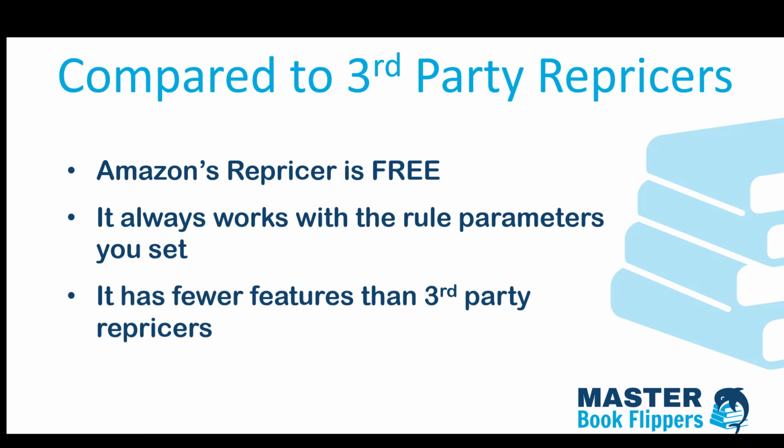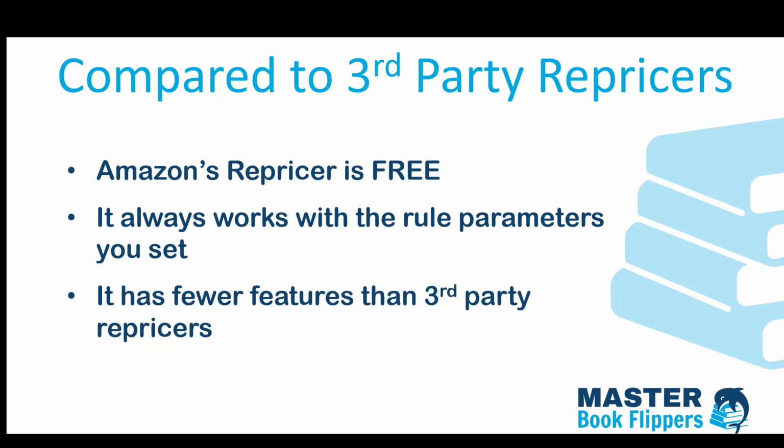Now, the last thing I'll say is that it definitely has fewer features than third-party repricers. This is where third-party repricers can really shine, because they come out with features that you simply don't find in Amazon's repricer. As an example, some of them may have a feature where in the middle of the night they raise the price every day to your maximum price, all by itself, automatically.